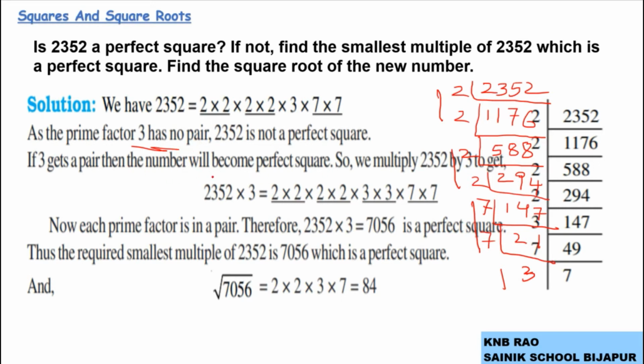When it is not a perfect square, then to make it a perfect square we need one more 3, that is a pair for 3. So this number is to be multiplied by 3.